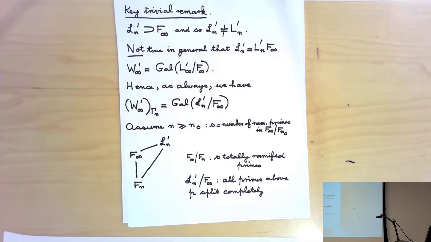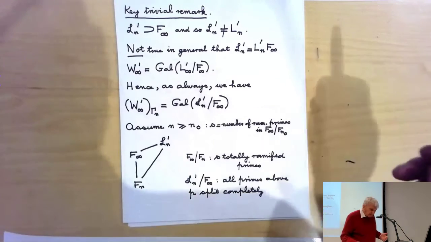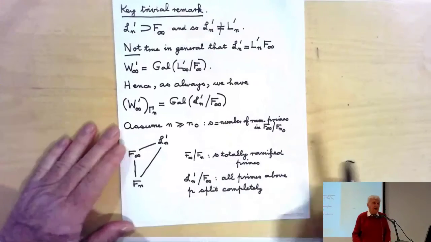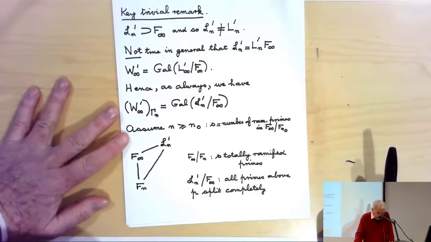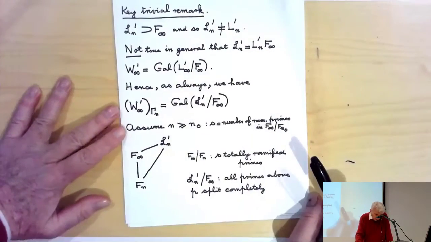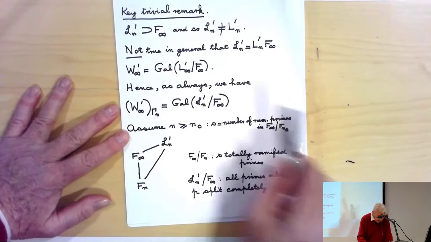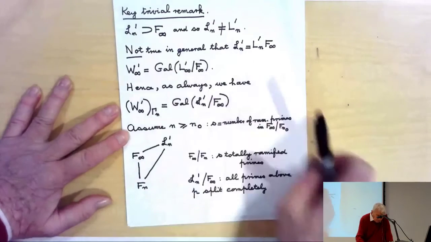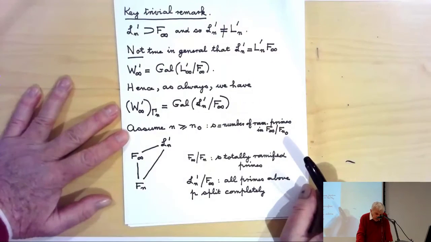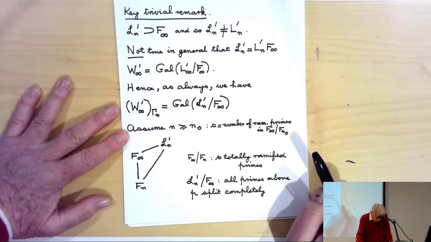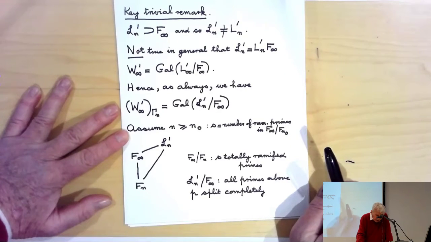It certainly contains it, that's obvious, but it can't be equal because the curly L_n prime contains F infinity. I mean, it's infinite. And in fact, it's even not true in general that curly L_n prime is Latin L_n prime F infinity. So we have to analyze more carefully what is going on here.